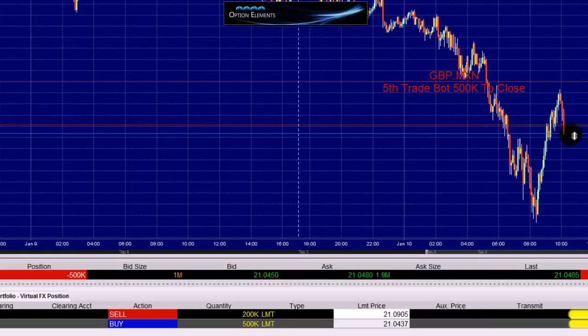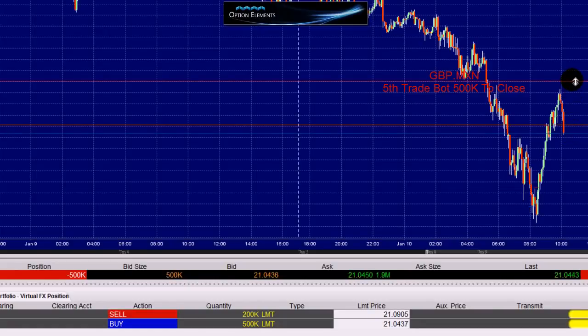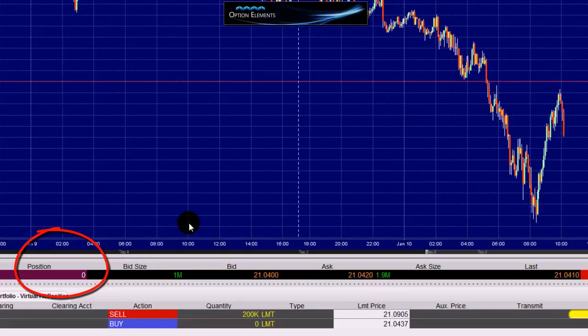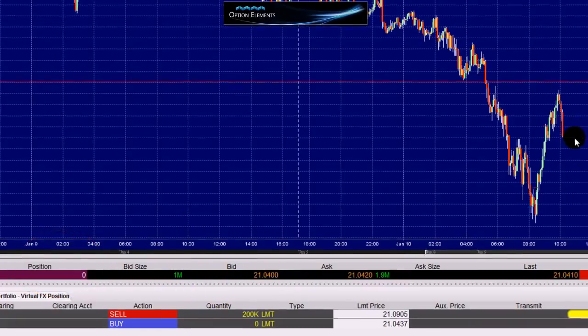There's our buy order, that blue hash mark right there. I had a sell order in to sell 200 more up here. Got close but didn't fill it. Okay, looks like we just got filled on that one.